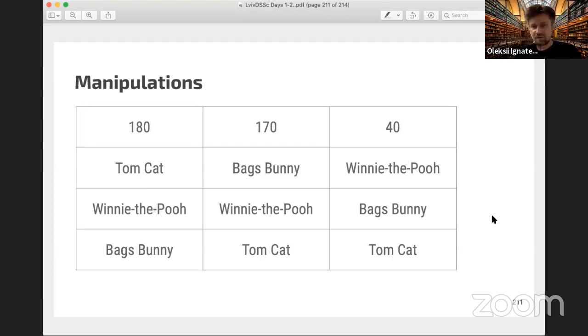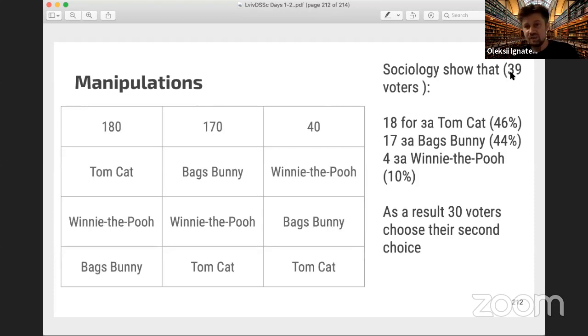But now we want to manipulate this. We produce a sociology, and it's absolutely correct, of how, for example, 10% of all voters will vote. And this is published in some papers that 36 prefer Tomcat, and 44 prefer Bugs Bunny, and only 10% prefer Winnie the Pooh.